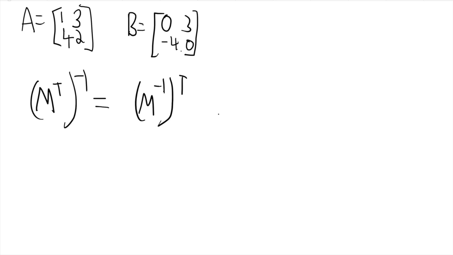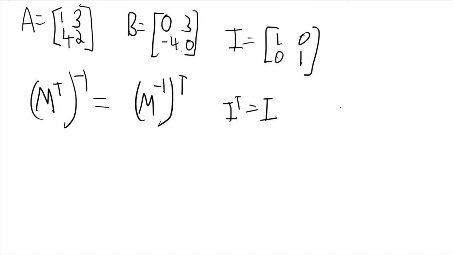To demonstrate this proof, I'll first need to use the identity matrix, which is I equal to [1, 0; 0, 1]. We're going to start this proof using the fact that the transpose of I is equal to I. And we also have to remember that if we have a matrix, for example N, and we multiply N by the inverse of N, the result will be I.